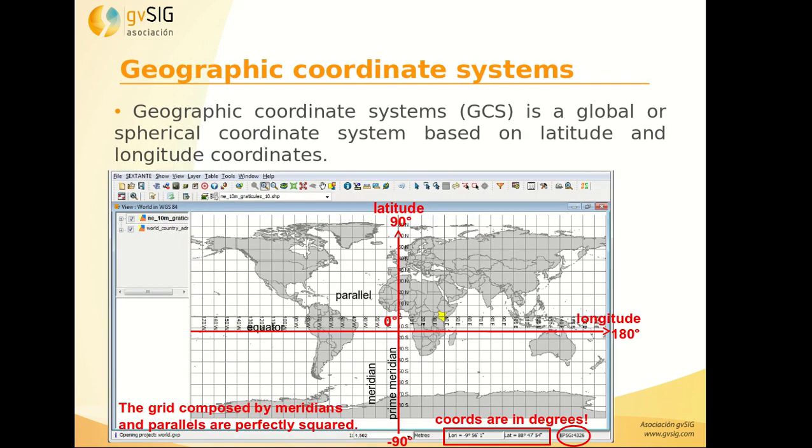And here we have how the global coordinate system works. We have latitude and longitude: from the equator, the parallels in the north or in the south, and the longitude, east or west from the Greenwich meridian.